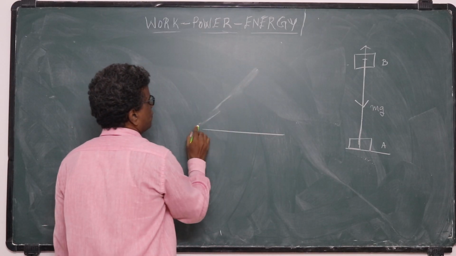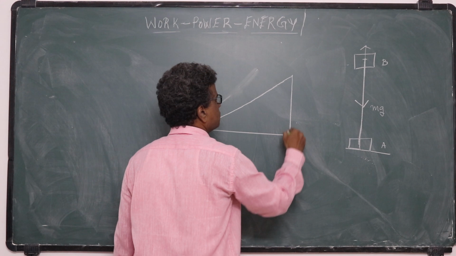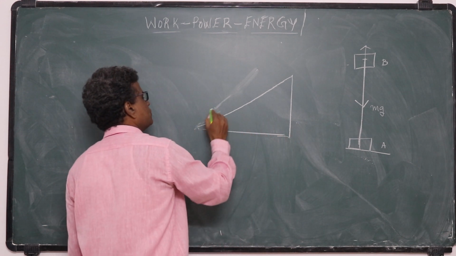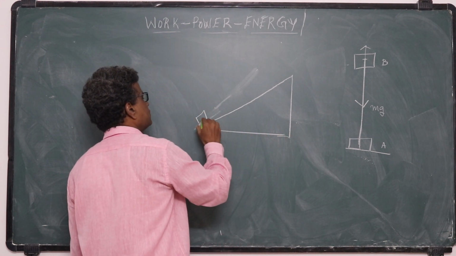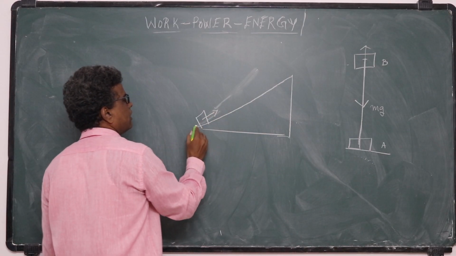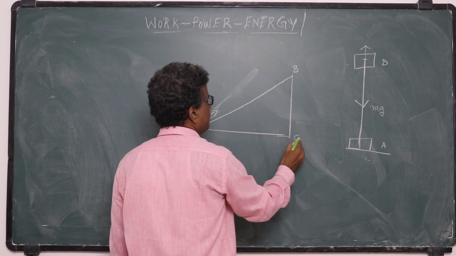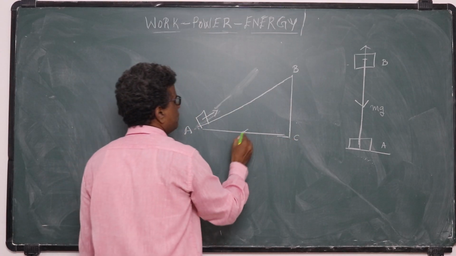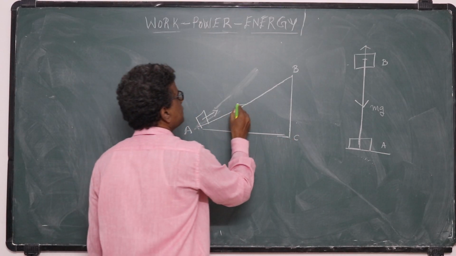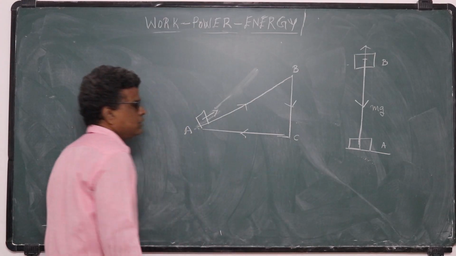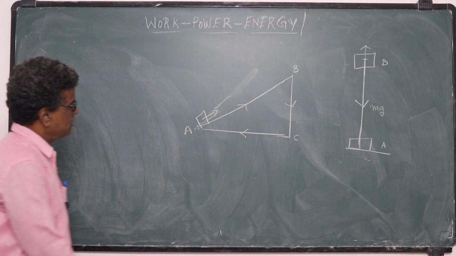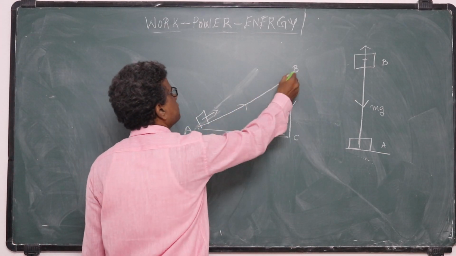Suppose you want to lift this object to a height h. So, to lift an object against gravity along the path A to B, B to C, C to A. I want to lift this object along this path.